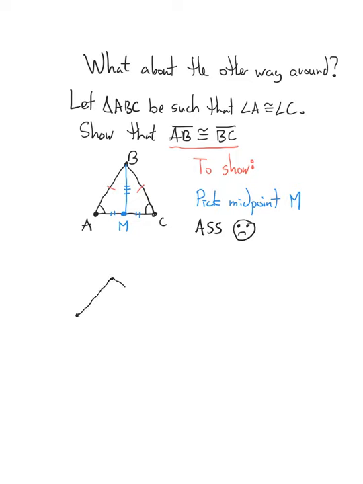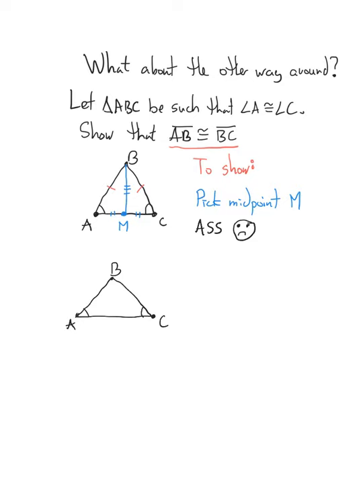It'll look a little different, but the idea will be the same. So again, this is A, B, C. And we know that those angles there are congruent.